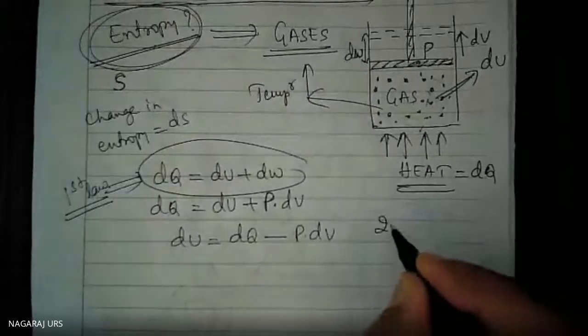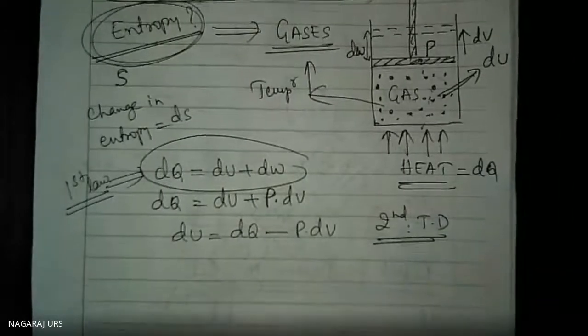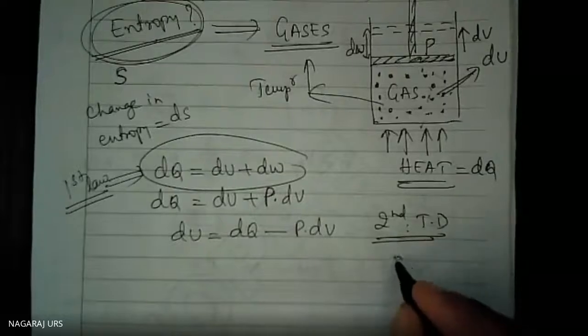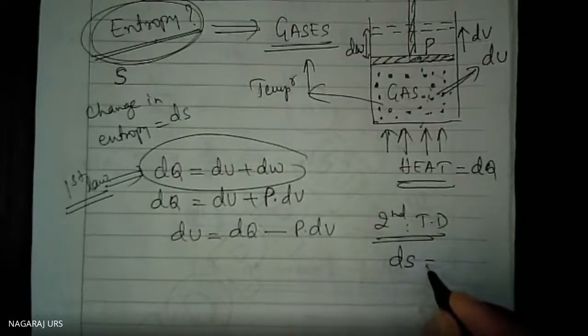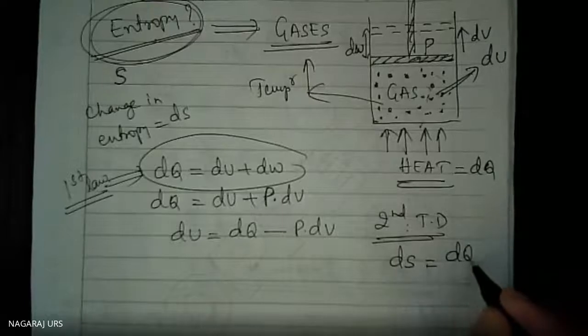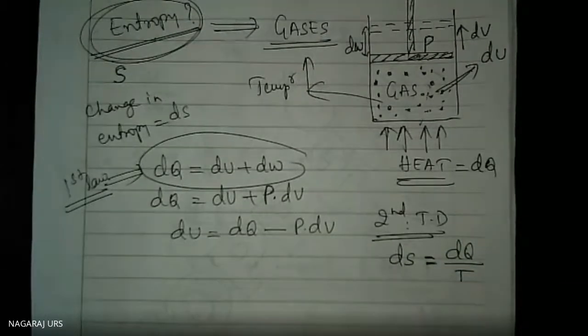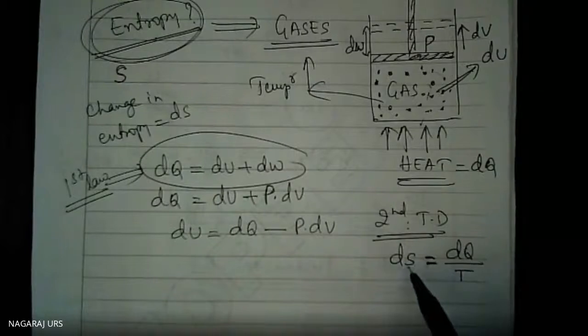But the second law of thermodynamics says that the change in entropy is given by dQ divided by T. dQ is the heat energy we have supplied at a constant temperature T, then entropy will be increased.